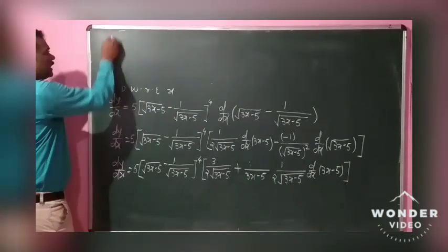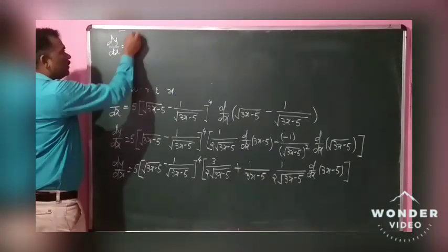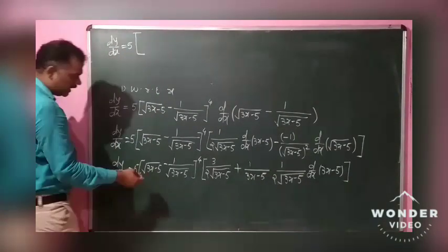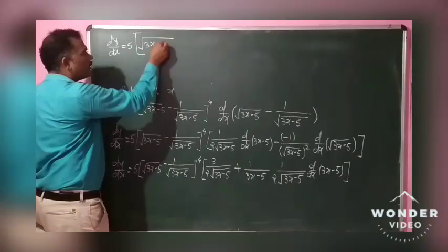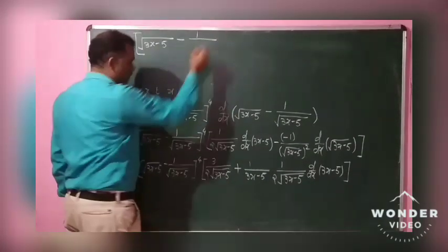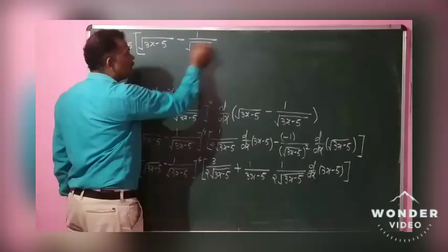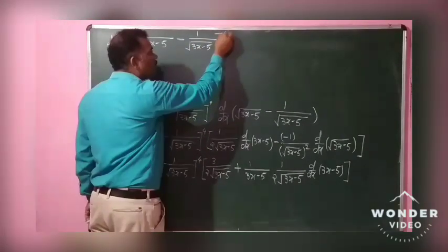Now dy by dx is equal to 5 into (square root of 3x minus 5 minus 1 upon square root of 3x minus 5) raised to 4.